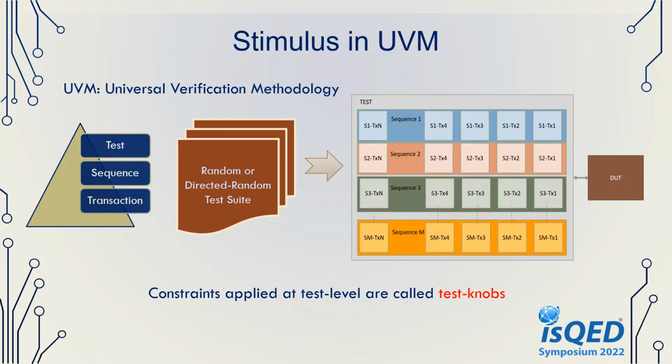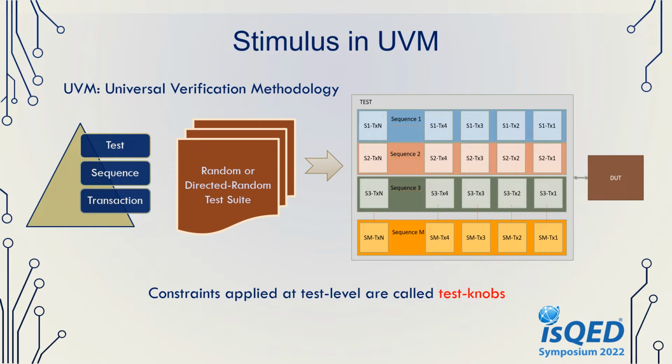So now let's look at the stimulus in the typical verification flow in a UVM environment. There are three hierarchical levels. The top level is a test. Let's consider a case for multi-core design, and a test is composed by multiple sequences.